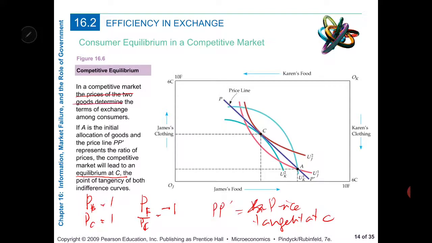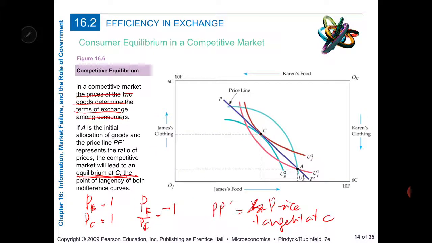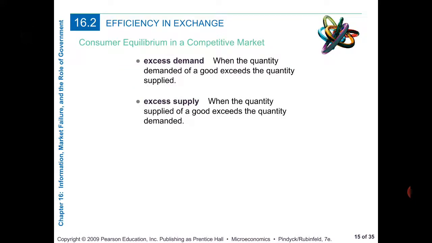The price of the two goods determines the terms of exchange, so that particular exchange will provide an equilibrium. So we call this competitive equilibrium that is efficient. It is competitive because it's a broad market and it's efficient.